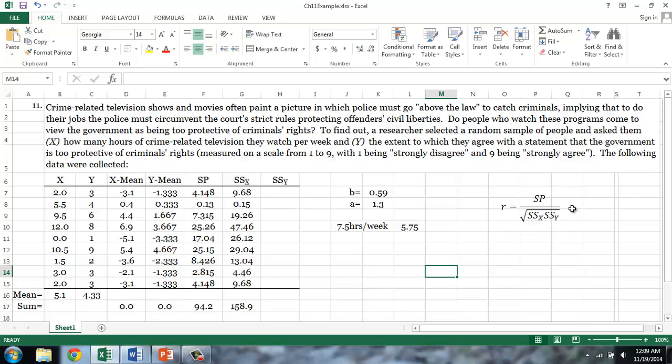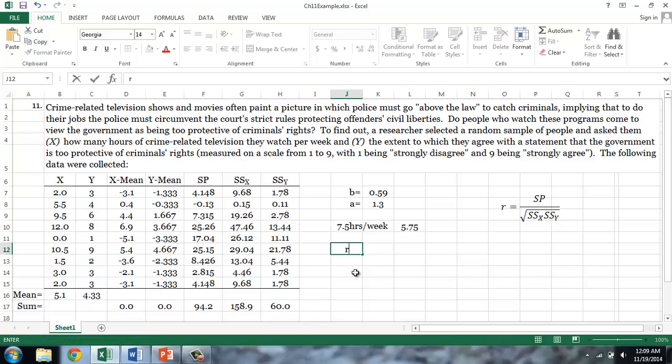The correlation is equal to the sum of products divided by the square root of the squared x deviations times the squared y deviations. We've already calculated these first two terms in our b calculations, but we also need a sum of squares for y, which I'll calculate now, and is equal to the y deviation squared, which sums to 60.